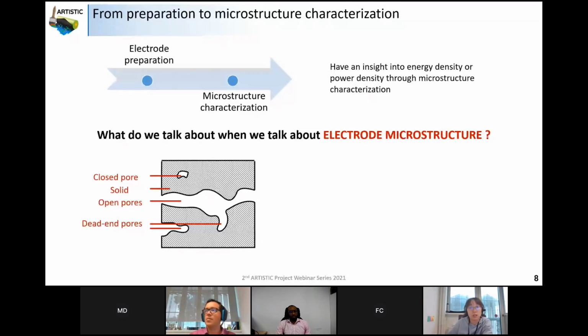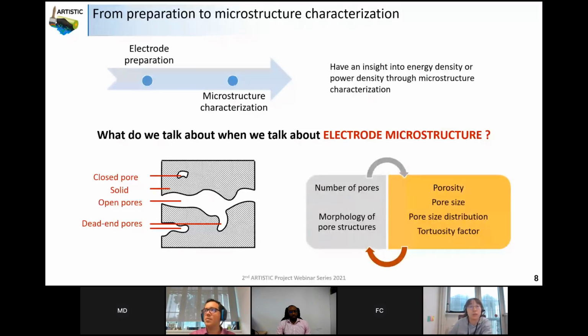For the pore structure of the lithium ion battery electrode, the number of pores and the morphology of the pore structure are mainly described by parameters such as the porosity, the pore size distribution, and the tortuosity factor. The porosity and the tortuosity factor are commonly used for the simulation.